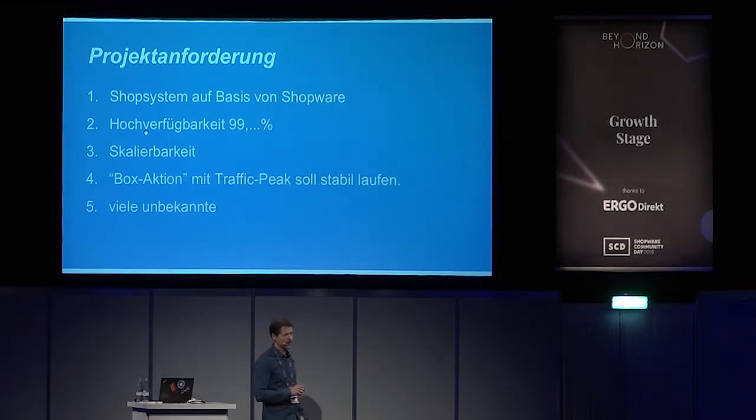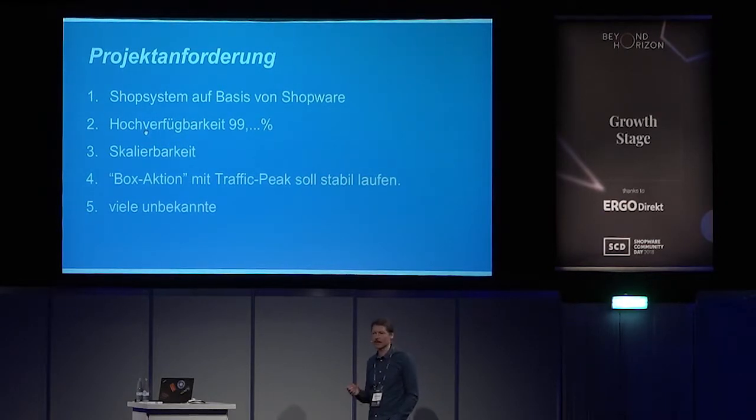Let's take a look at this. We have project requirements. And I'm going to use this example to explain how we implemented this. This is an example of a specific project.